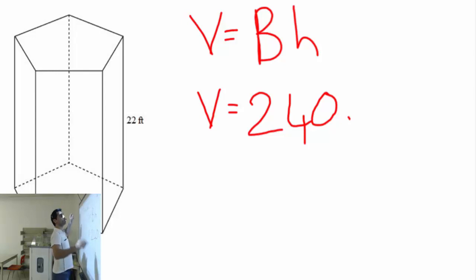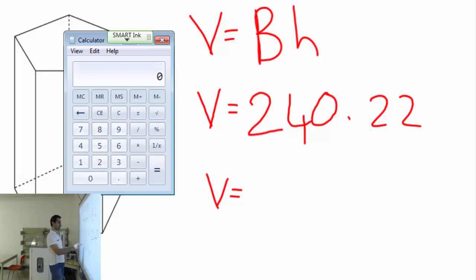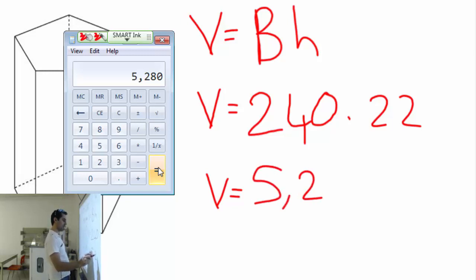Let's use red color. 22. V equals. So I'm just about to be done with calculating the volume. 240 times 22 will give me 5,280. 5,280.